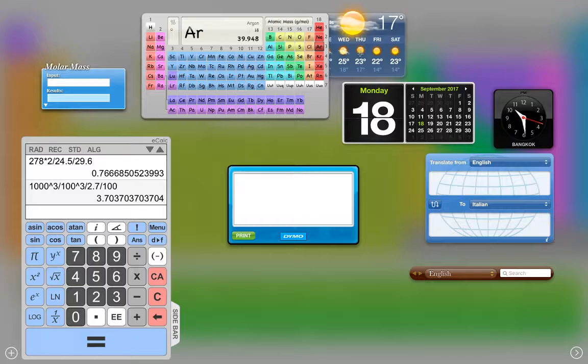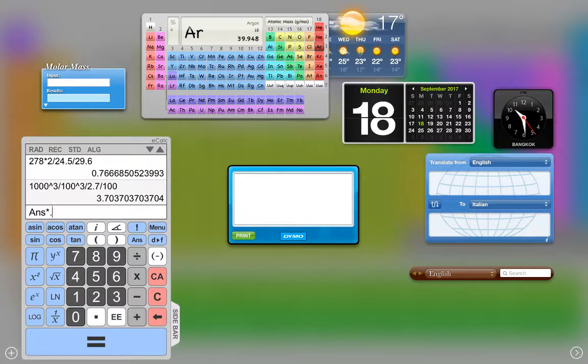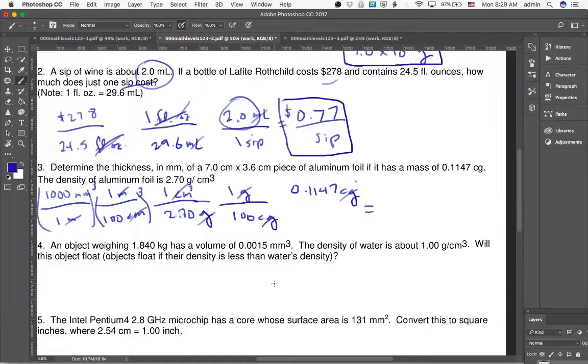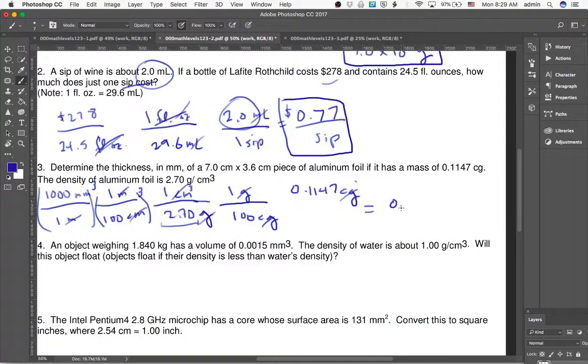Oh, now this is times 0.1147, I forgot. Times 0.1147. So that's 0.425. Looks like there are only two significant figures. Oh, wait a minute. In the calculation I just did, there are three significant figures. So this is 0.425, and that's cubic millimeters. These are the only units that are not crossed out.